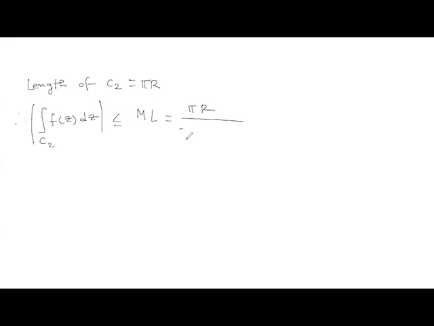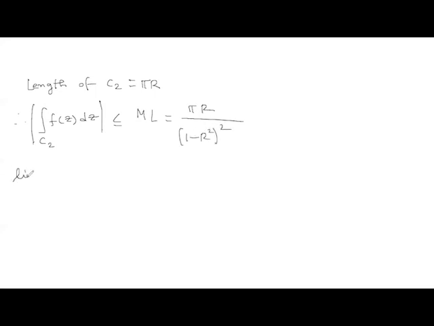Now the length of the curve C2 is equal to pi R. So using the ML inequality, we can see the integral over C2 of f(z) dz is less than or equal to M into L, that is equal to pi R by (1 minus R square) whole square.